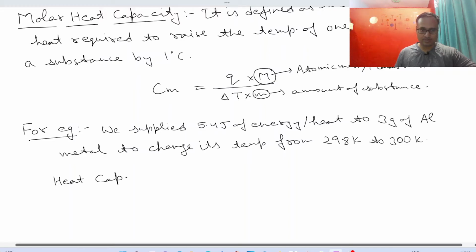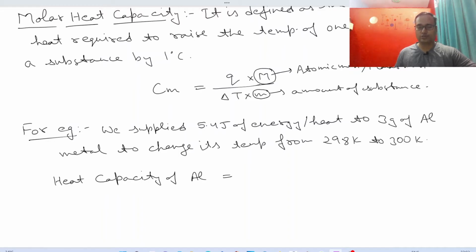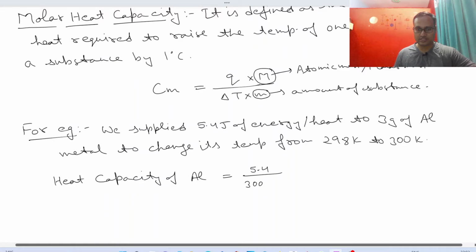Heat capacity of aluminium will be equal to the heat supplied. The heat supplied to the system is 5.4 joule, and the change in temperature is T2, the final temperature, 300 minus 298.